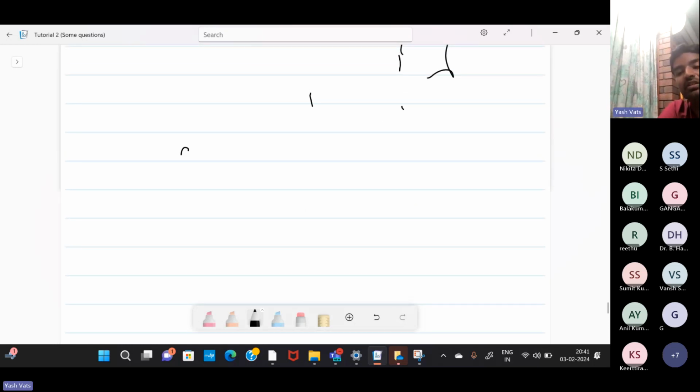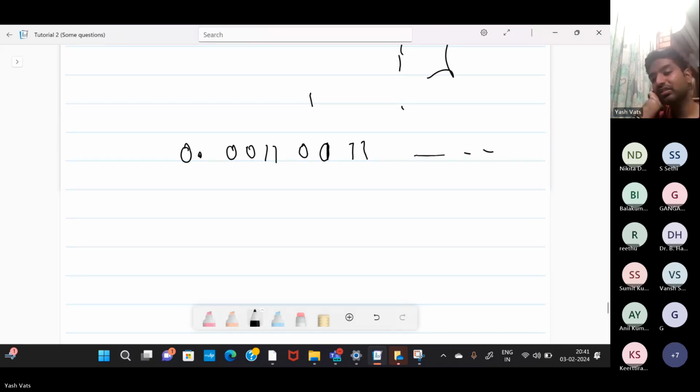Or something different. Is it right or not? It should be 0.1100, you are saying.